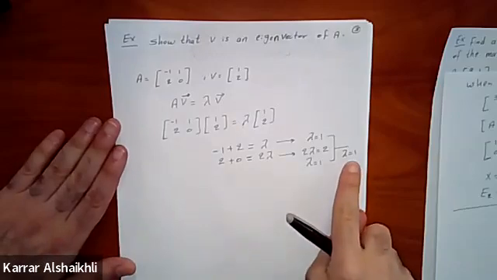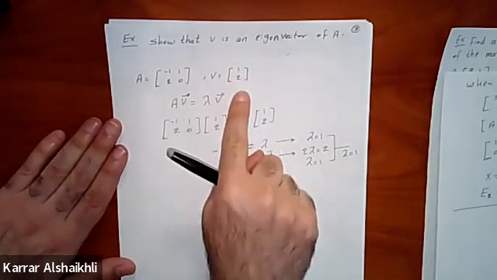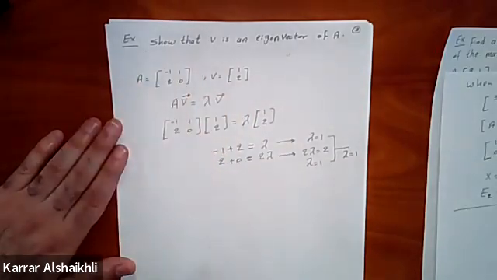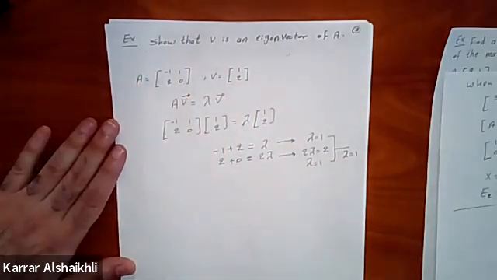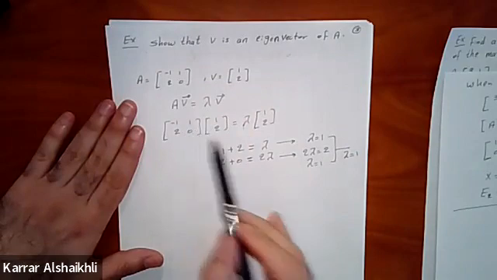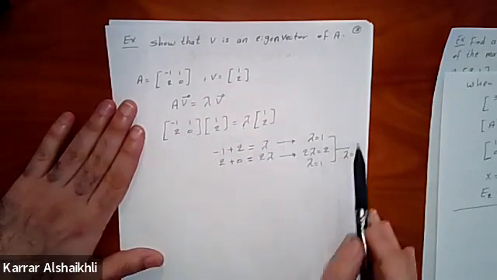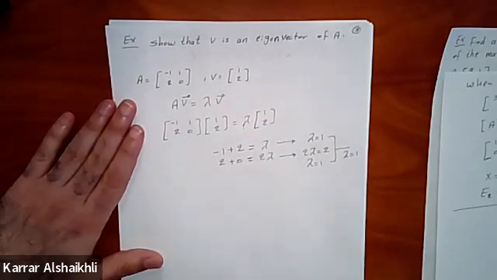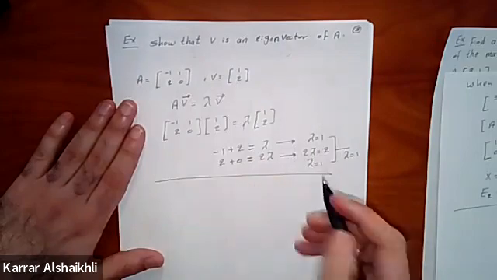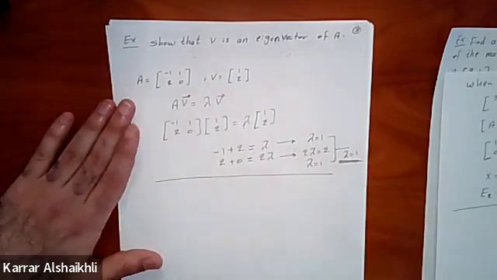That means with this lambda, the vector 1, 2 is the eigenvector for this matrix A. So that's how we're going to prove it. Exactly the same formula: multiply this side, then equal it to lambda with the vector. You have to get exactly the same lambda. That's how we prove this is the eigenvector for the matrix A with lambda equal to 1.